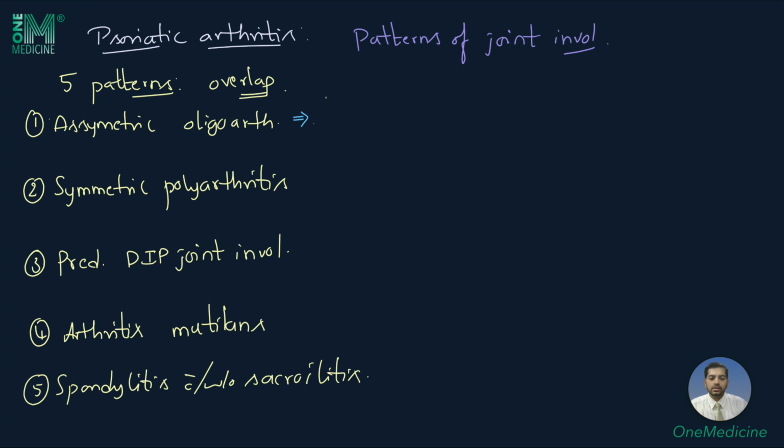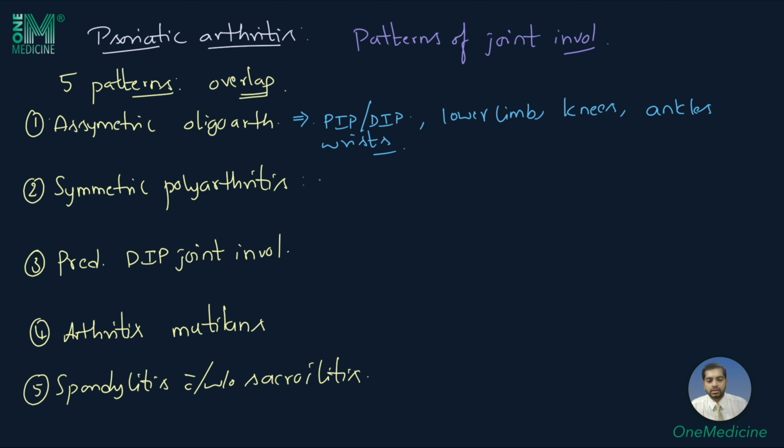Asymmetric oligoarthritis is usually known to involve proximal interphalangeal joints or distal interphalangeal joints, and small joints of the lower limb. It can also involve knees, ankles, and even wrists.